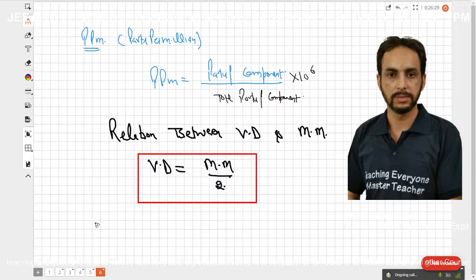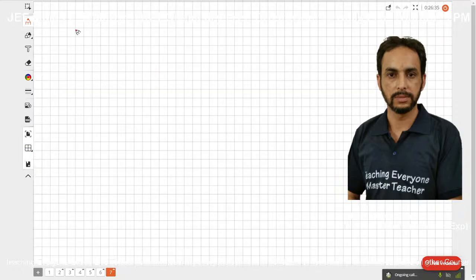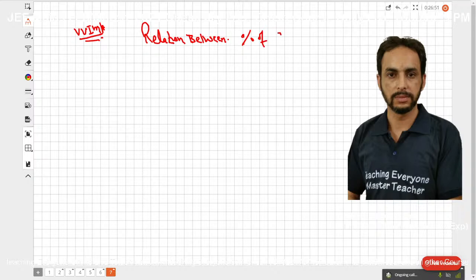And very, very important here is the relation between percentage of solution, molar mass, density, and molarity.